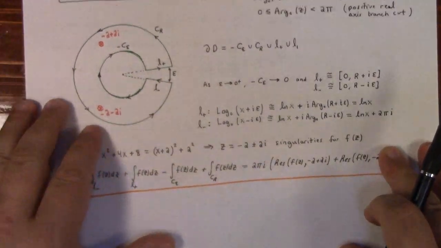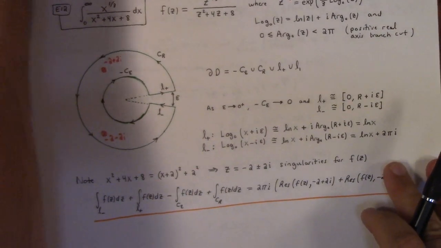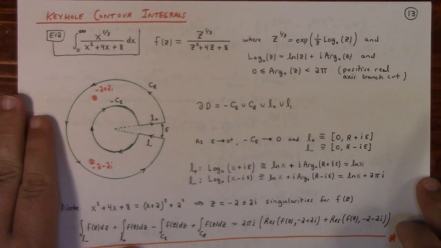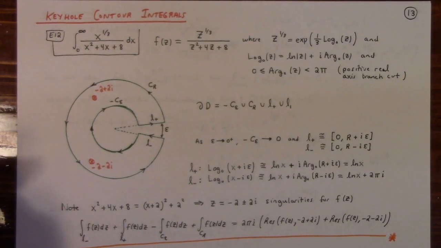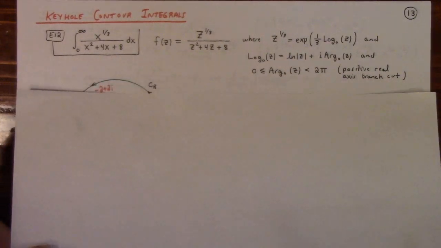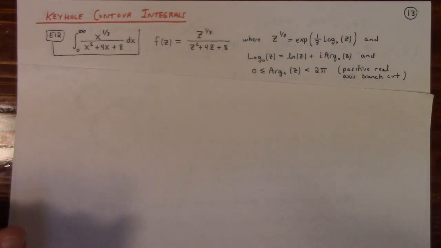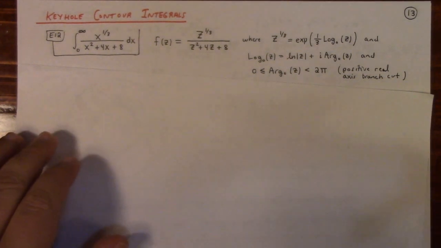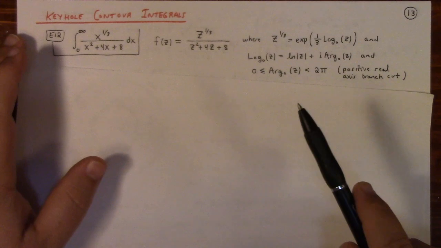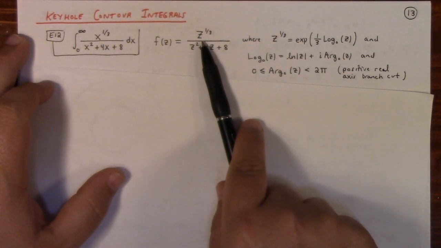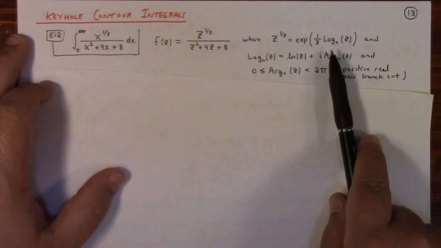And finally, last but not least, we have the keyhole contour integral. Here we go. So for this one, we have to work with x to the 1/3, so we have to define it using a branch cut of a logarithm.